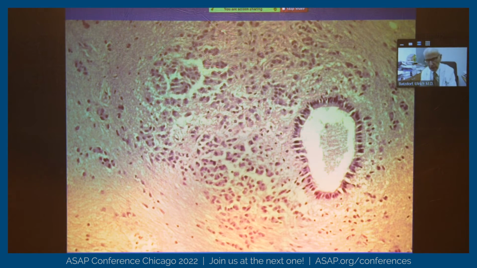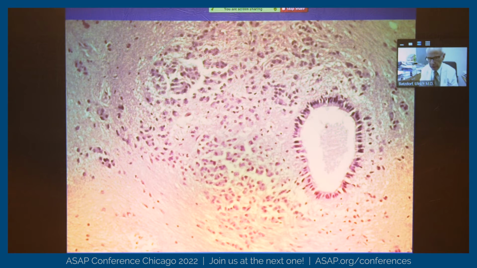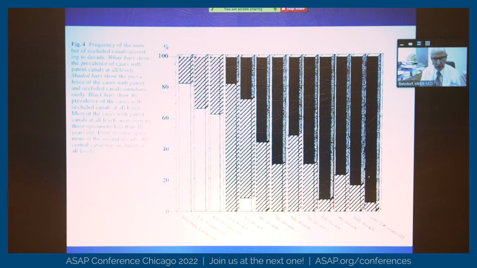This is an example of it, and here you see this cavity within the center of the spinal cord. This is completely normal and is lined by normal cells. Next. This is a paper from Japan from about 25 years ago, and it shows how with every decade there is less and less of this residual central canal.